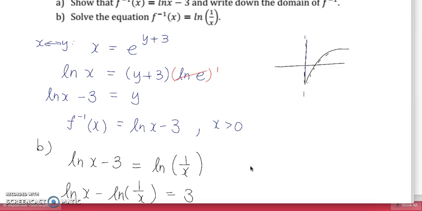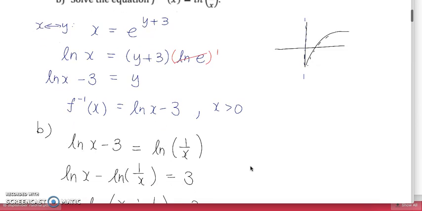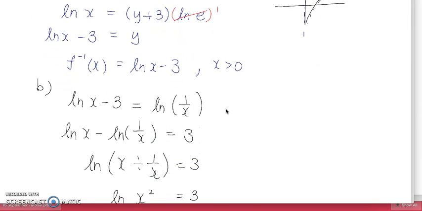And then part B, we need to solve the equation of the inverse of f of x equal to ln of 1 over x. So you equate ln x minus 3 and ln 1 over x. We want to gather all the like terms, or the x terms. So you have ln x minus ln 1 over x equals positive 3.